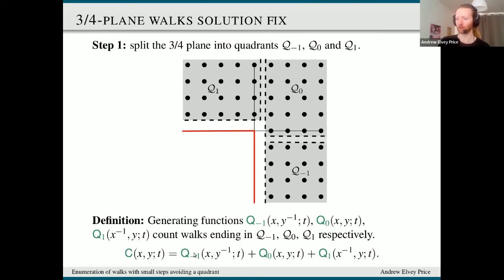So obviously q-1 counts the walks that end in this region, q0 counts the walks that end in this region, and q1 counts the walks ending in this region.